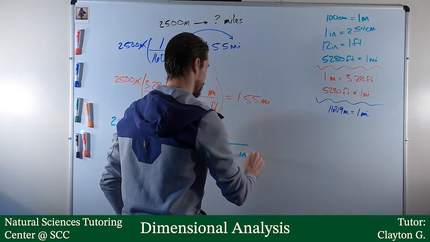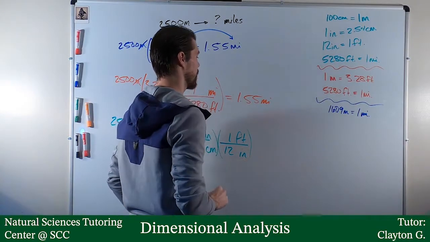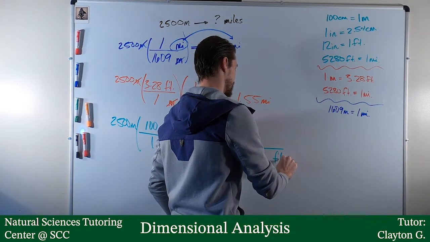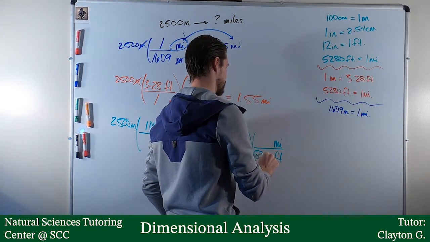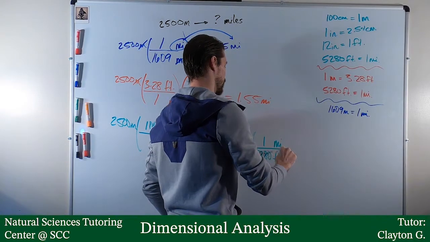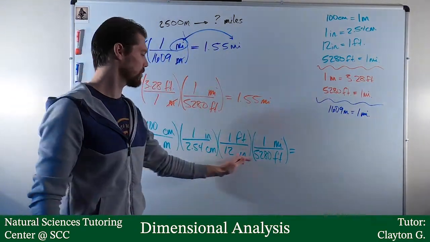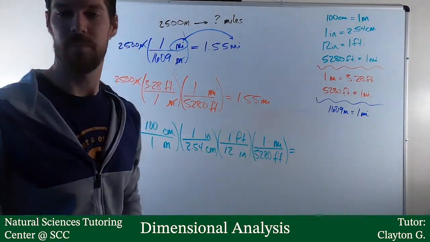Now I need to divide my inches out. So for every 12 inches, I have 1 foot. And finally, divide my feet out here, and I will get my miles. So every 5,280 feet, I get 1 mile. These are all true statements, therefore this conversion is valid.